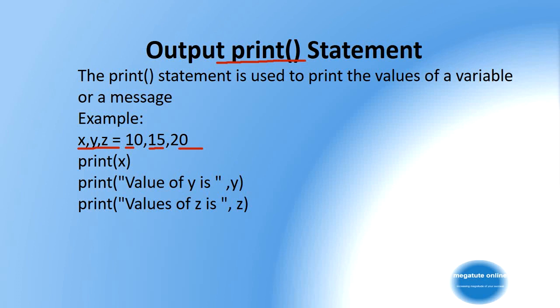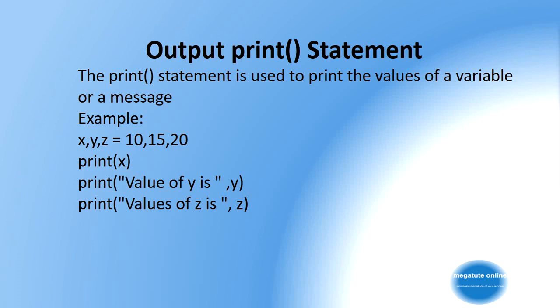Now, if I say print x, that means I put the variable name inside the parentheses of that particular print function or print statement, it is going to print the value of x, which is 10. If I say print "value of y is", y, it's going to print value of y is 15 and value of z is 20. So this is the way the print statement is used in Python.